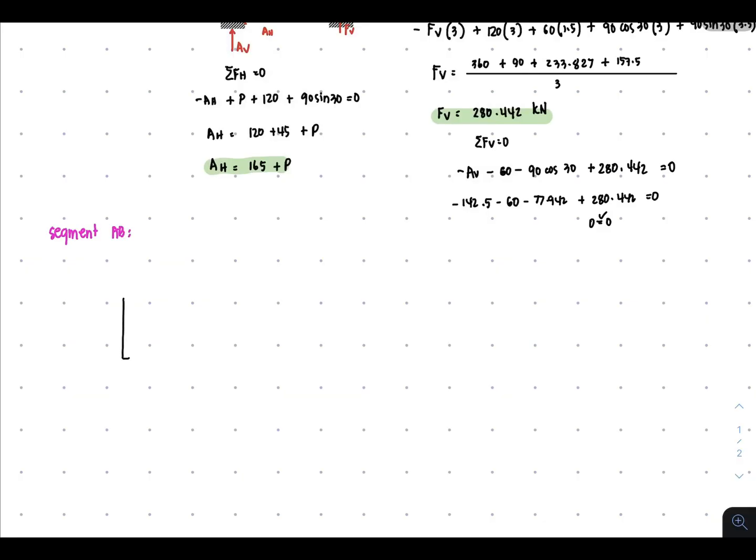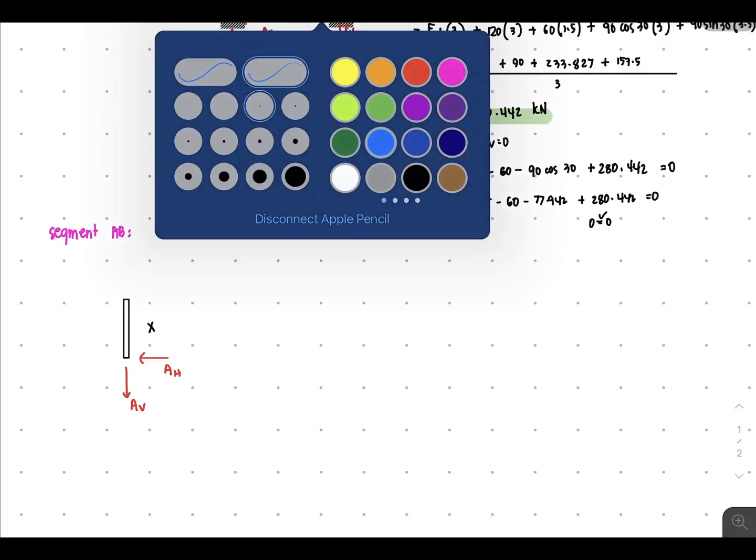And also do not forget that you have a vertical here, and then your AH, and you have this X, and you have moment.